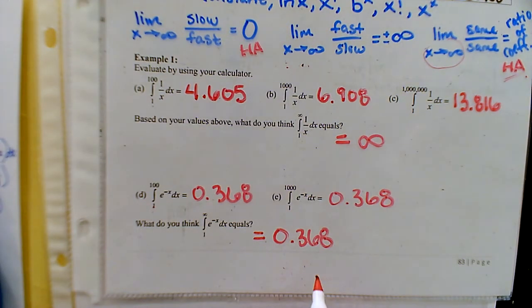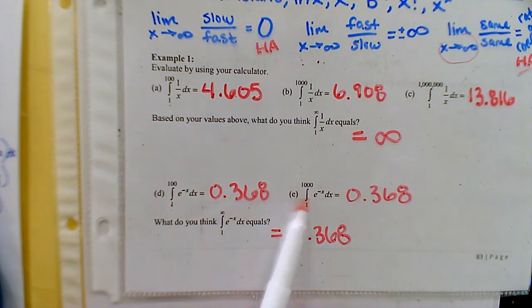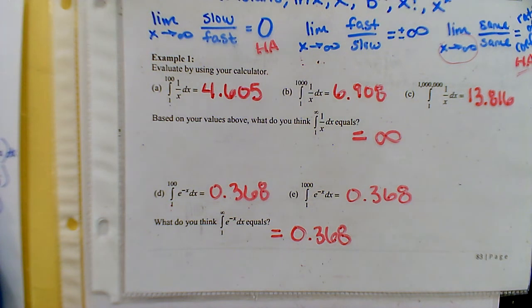I'll have to double check that. Okay. So, well, I guess what this is saying is based off of these two, what do you think it would be? But if you had to check more, it might be a little bit more accurate to keep going. I'll double check that though. Okay. Thanks for bringing that up.